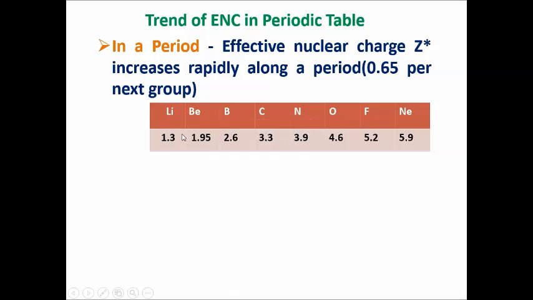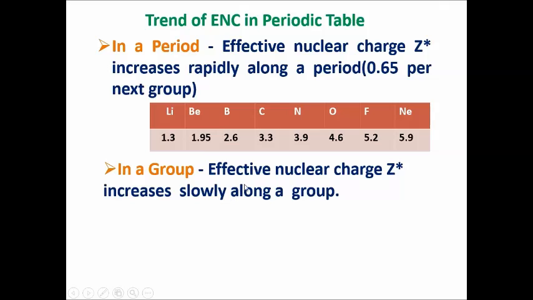If we take the second period, lithium, beryllium, boron, carbon, nitrogen, oxygen, fluorine and neon, the calculated effective nuclear charge values are 1.3, 1.95, 2.6, 3.3, 3.9, 4.6, 5.2, 5.9, and these increase rapidly along a period, with an increase of 0.65 per next group. That is, 1.3 plus 0.65 gives 1.95. Like that, the increase continues for the next element in the period.